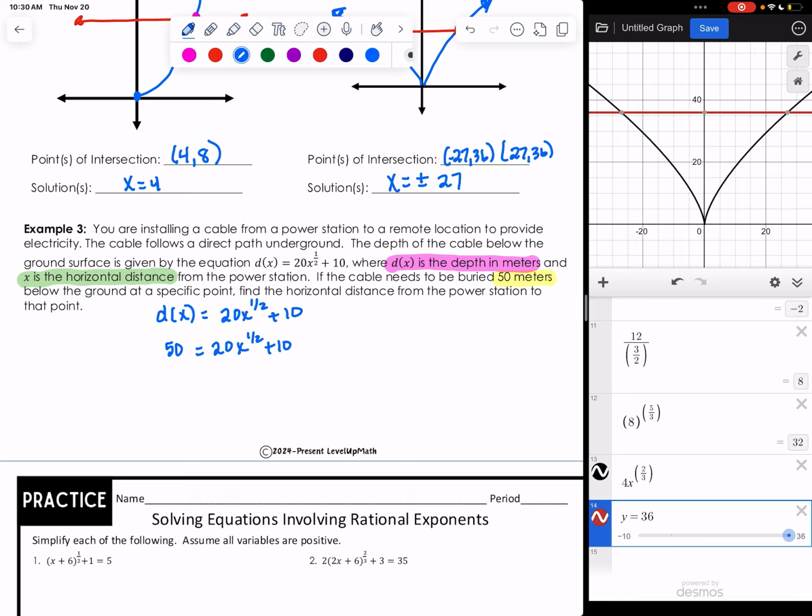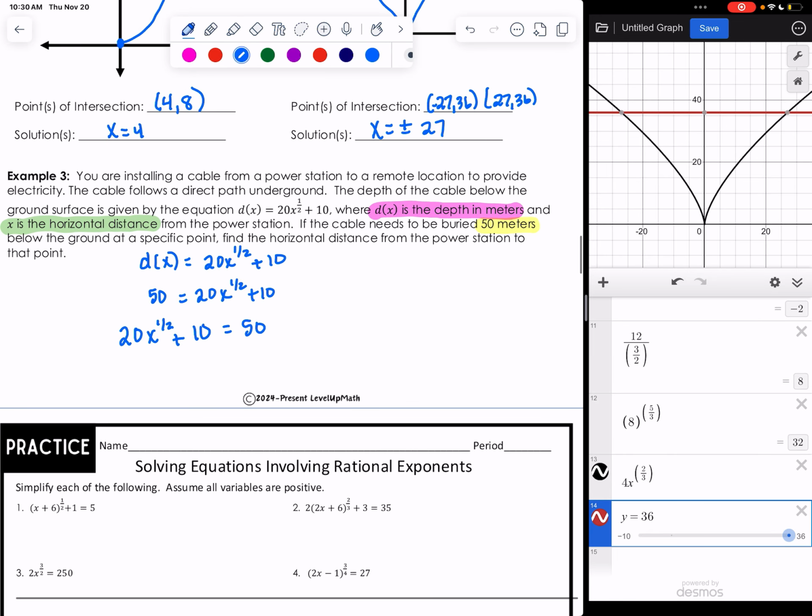Now, if it makes you feel better, you can rewrite this to look more like the equations we had on the other side. 20 times x to the 1/2 power plus 10 is equal to 50. So what we want to do is get this expression right here by itself. So I'm going to have to subtract 10 and then divide by 20.